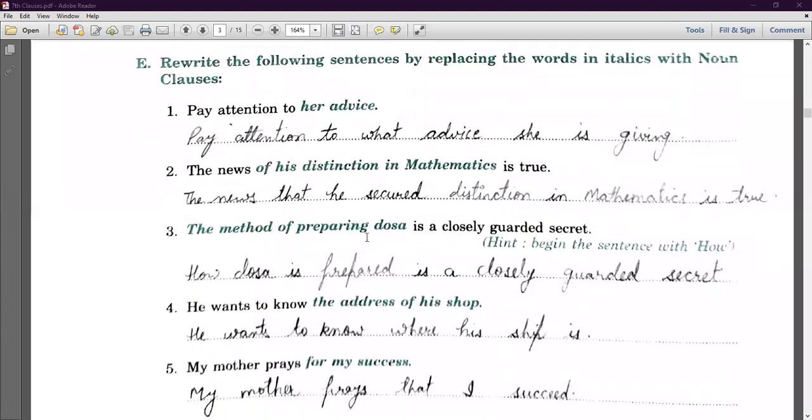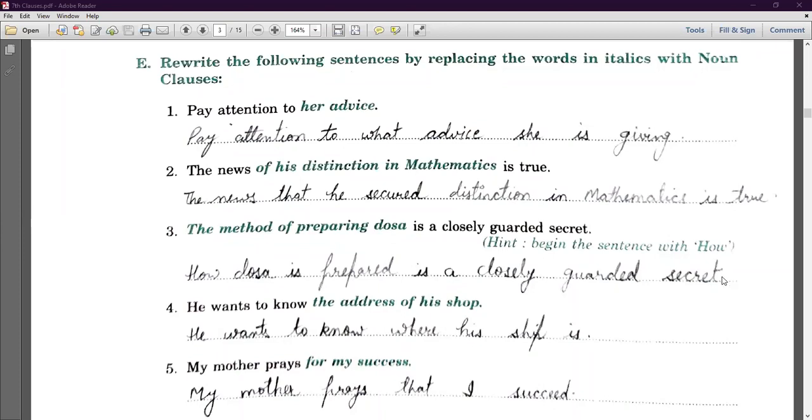The method of preparing dosa is a closely guarded secret. Here the hint is given, which says you have to start the sentence with the word how. So, how dosa is prepared is a closely guarded secret.